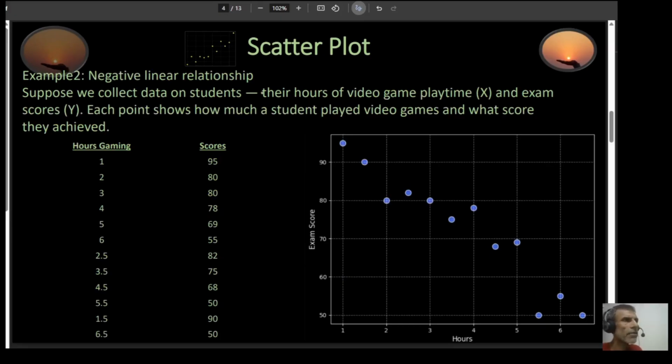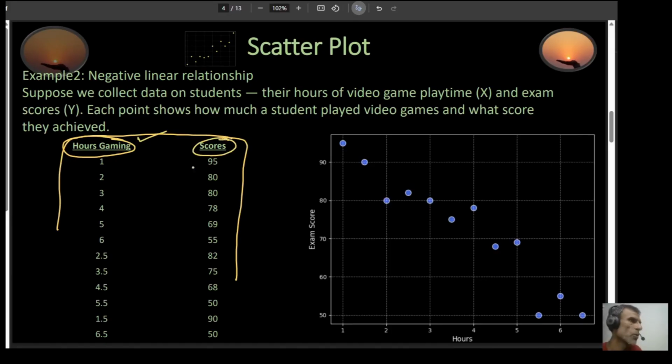Now let's take a look at another example. In this case, it's a negative linear relationship. This data is a relation between two variables: hours of gaming, meaning how many hours a student played video games, and his exam score. By looking at these numbers, sometimes it can be hard to know whether there is a negative or positive relationship.